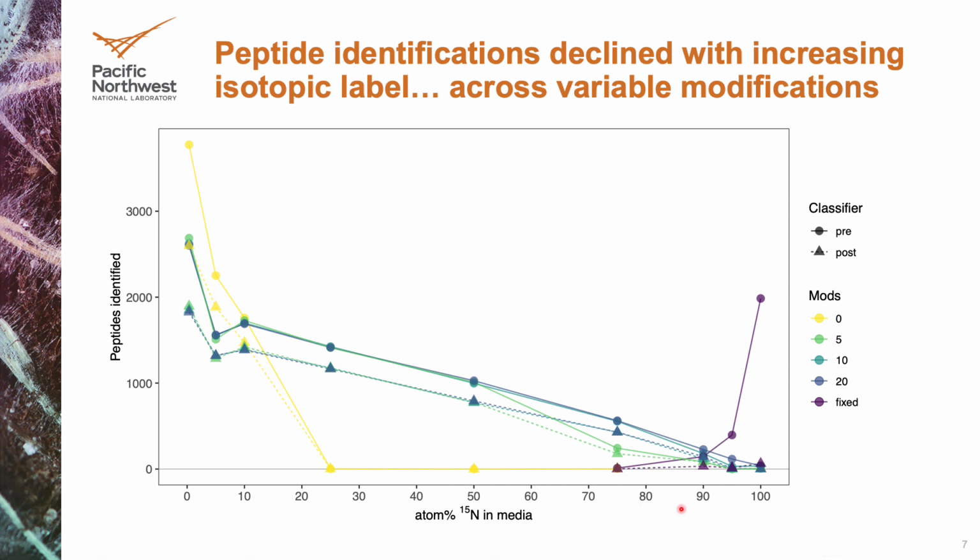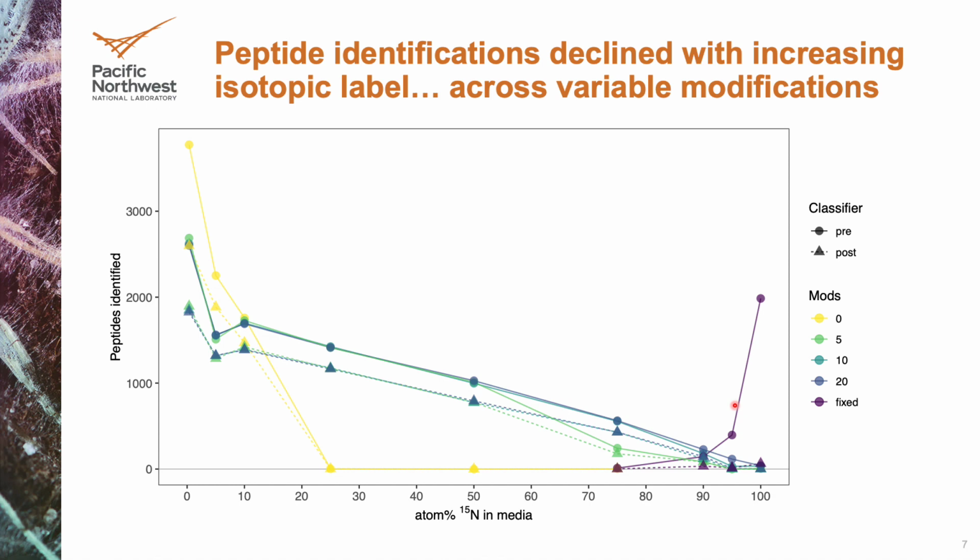Samples in the range of 75 to 90 or 95 atom percent 15N are the most challenging to detect and quantify. Fixed 15N modifications are required to detect an appreciable number of peptides in highly labeled samples, and those are largely filtered out by our classifier. So this is a clear area of improvement.